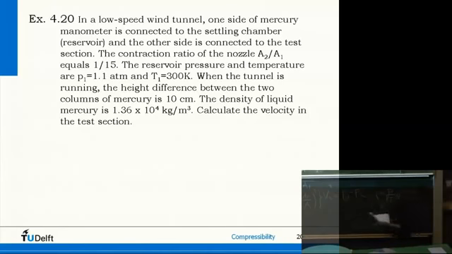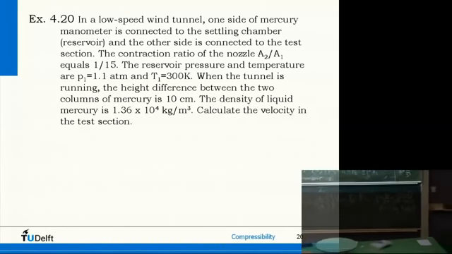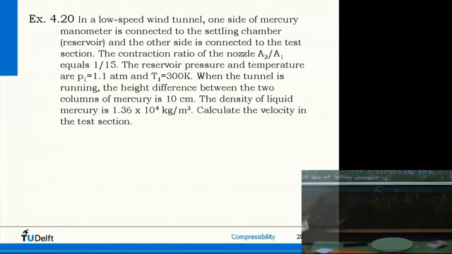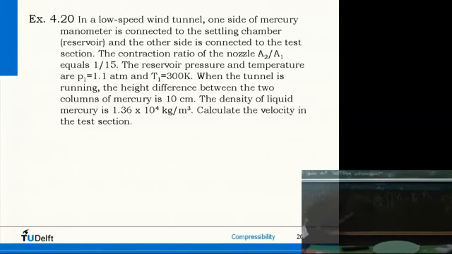So 1.29 for the density, 1 minus the contraction ratio, that was given as 1 over 15 squared, square root, and the end result is 144 meters per second. Somebody says, "Woo, compressible, yeah."